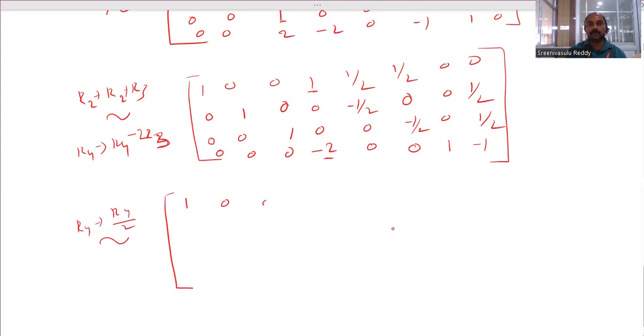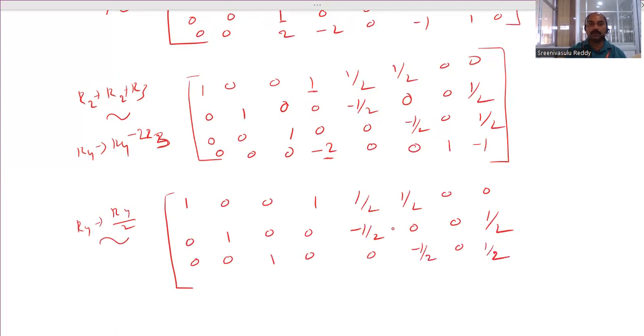1 0 0 1 1 by 2 1 by 2 0 0. Next row 0 1 0 0 minus 1 by 2 0 0 1 by 2. Next 0 0 1 0 0 minus 1 by 2 0 1 by 2.